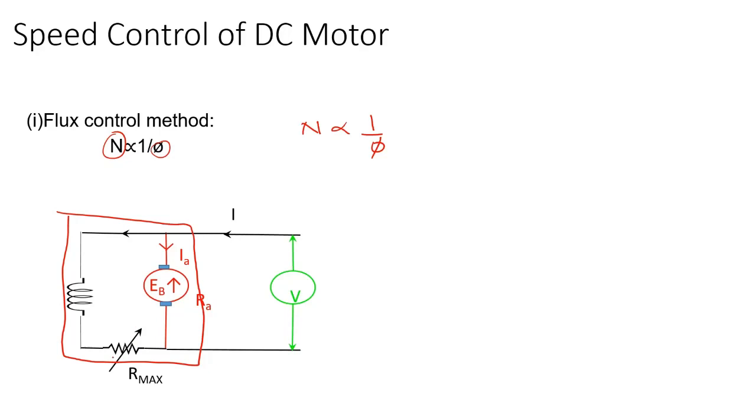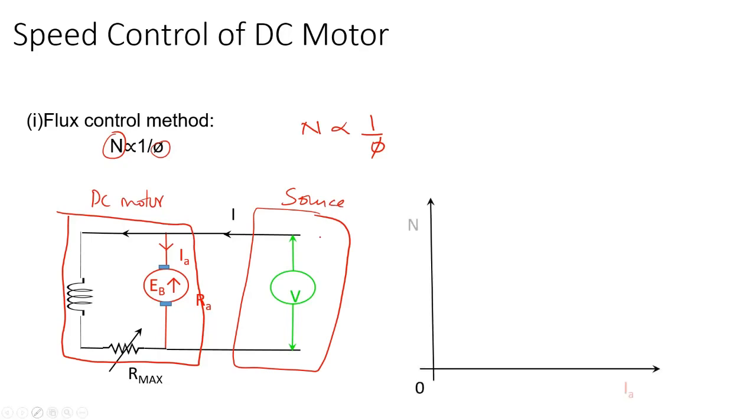So you can change this resistance. This is your simple DC shunt motor. This is your battery or the source.